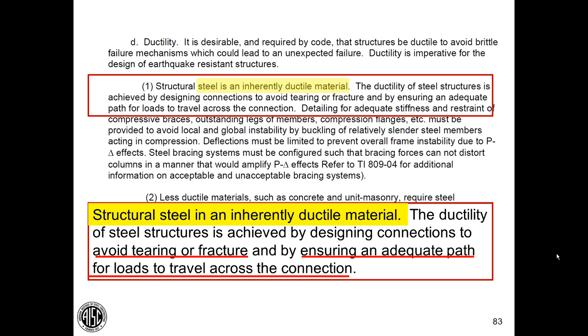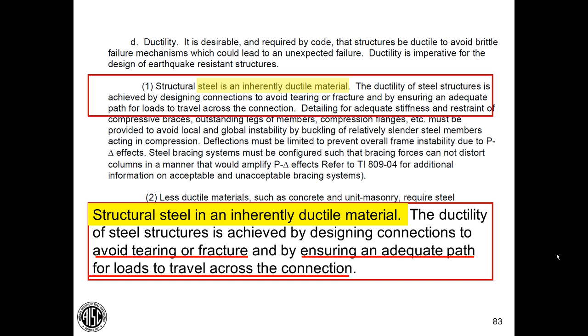This last comment sounds a whole lot like provide a path for the force to enter into the member that lies parallel. And despite this inherent ductile nature, apparently there is some designing that needs to be done to avoid tearing or fracture.